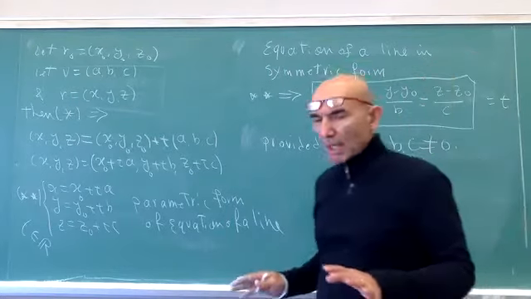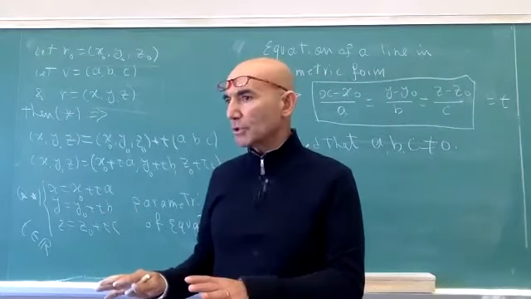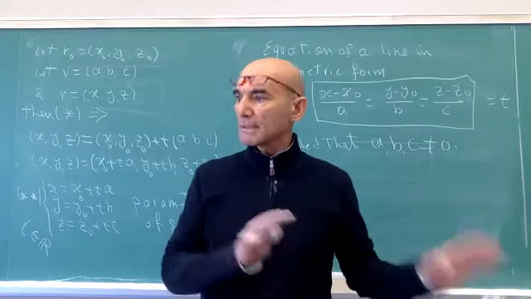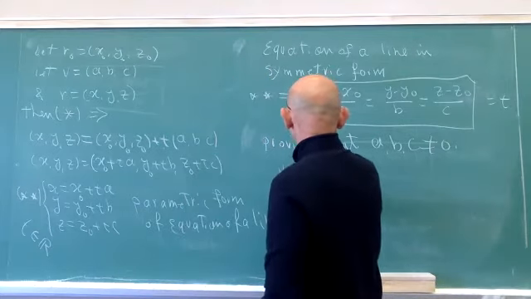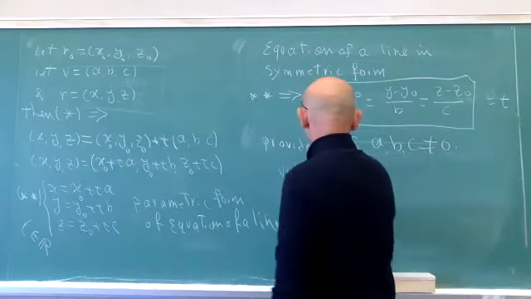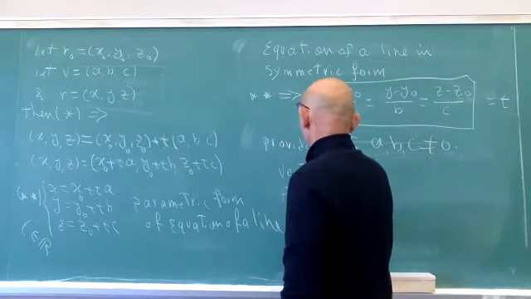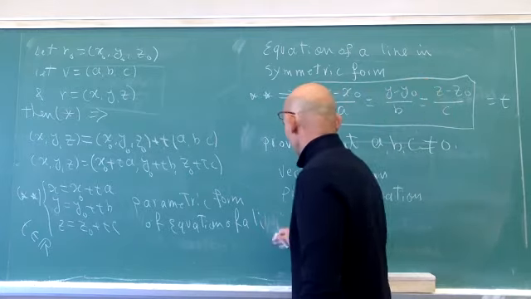So we have discussed three types of equations for the line: the vector equation, the parametric equation, and the symmetric equation.